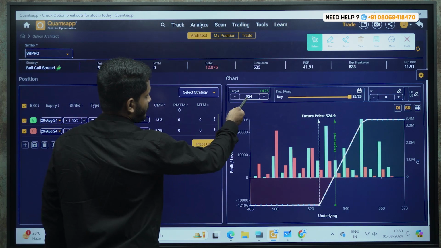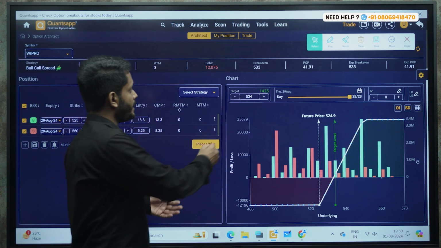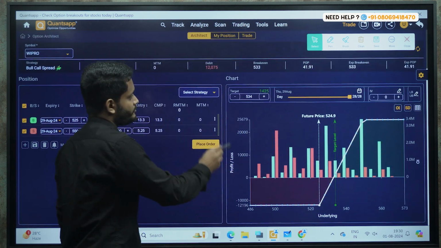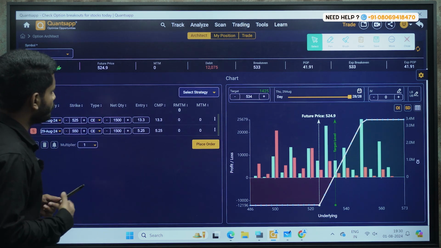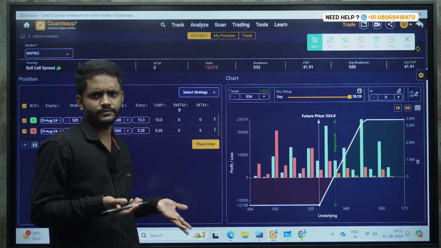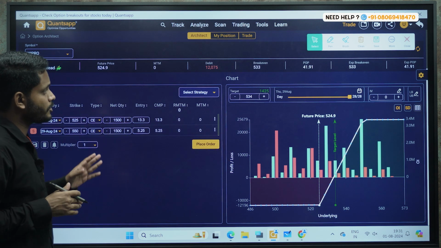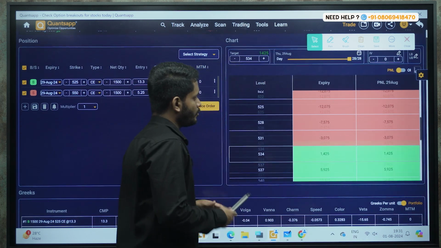Now see, at 534, instead of a 6,000 loss, you ended up making a 1425 profit. Despite Wipro not achieving your target, say it stayed at 534 or 535, still you are not at a loss, you made a profit. Correct? Let's check the P&L table over here.